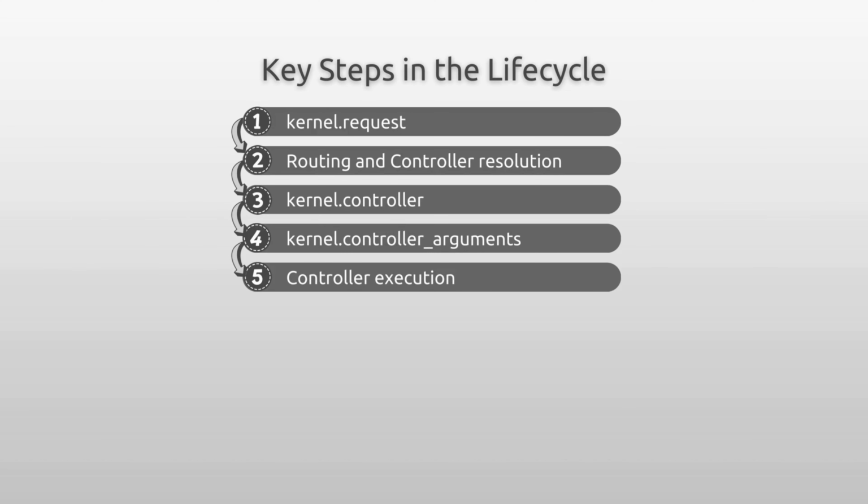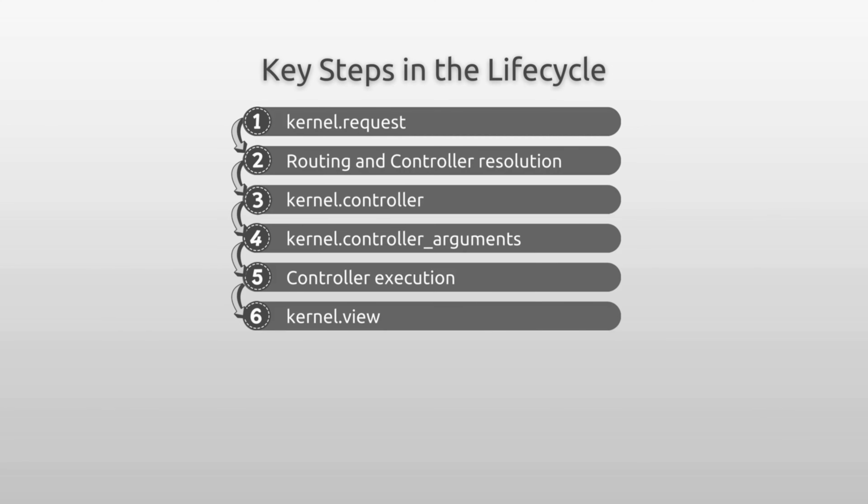However, if the controller returns something other than a response, the process continues with the kernel view event. Sixth, kernel view. If the controller does not return a response, this event is triggered. Listeners are responsible for transforming the returned data, for example, an array or an object, into a response.